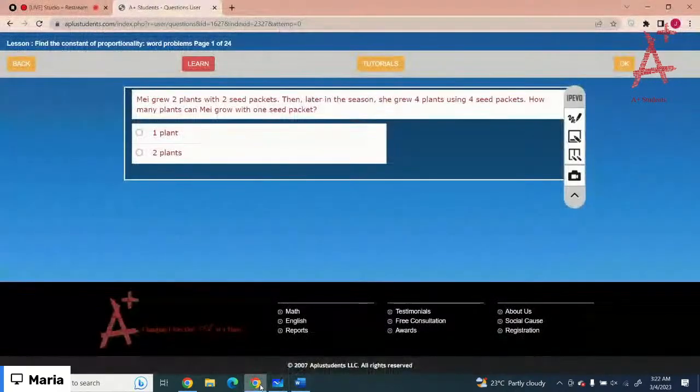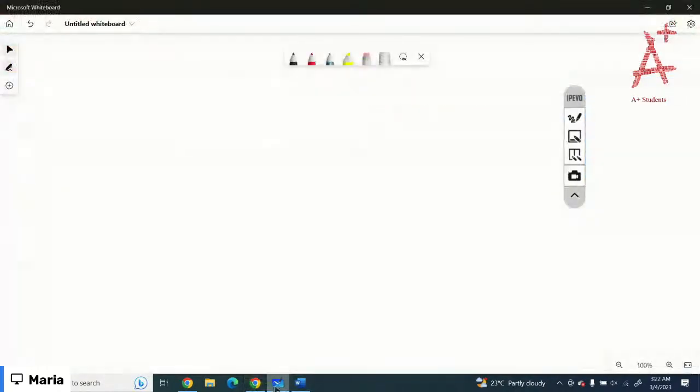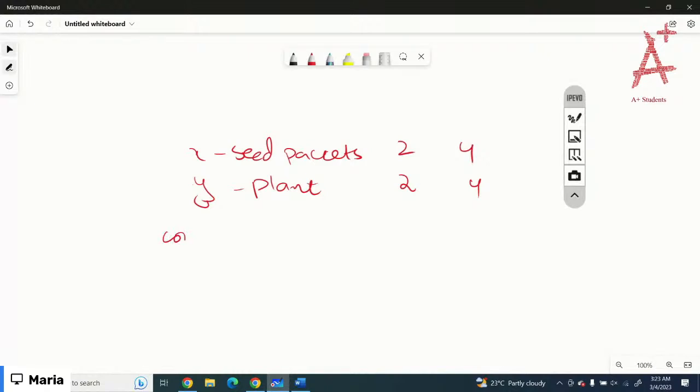Okay, two plants with two seed packets. Got it? So X is seed packets and Y is plants. From two seed packets, she gets two plants, and from four seed packets, she gets four plants. You need to calculate the constant of variation.